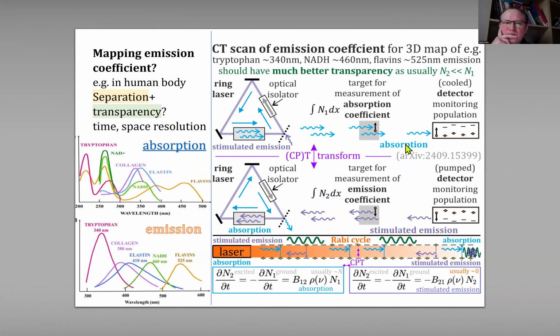Here is one of them. We have, let's say, a ring laser for simple applications, and CT, computed tomography, measures the absorption coefficient. So we have some source, some lamp or laser, and then there is the target you'd like to measure. Then there is a detector, which should be cooled.